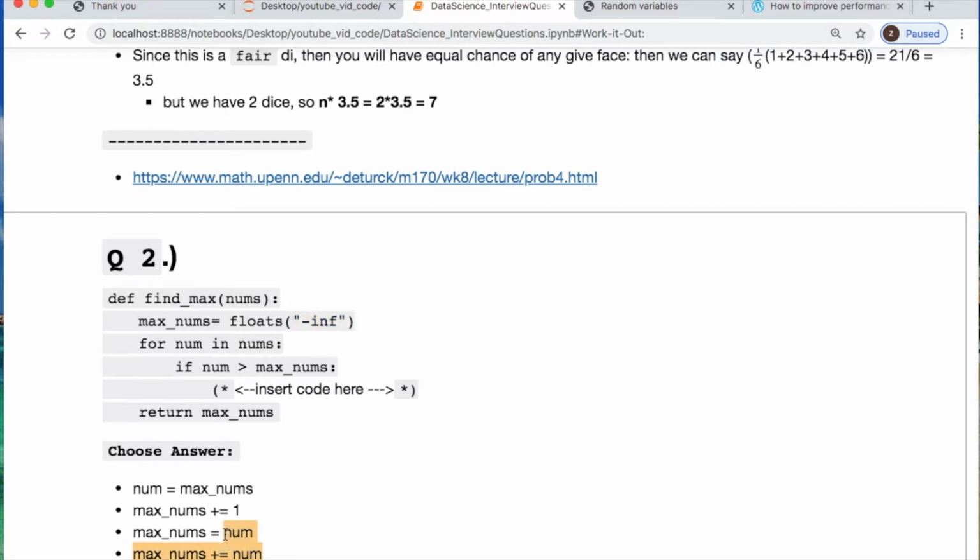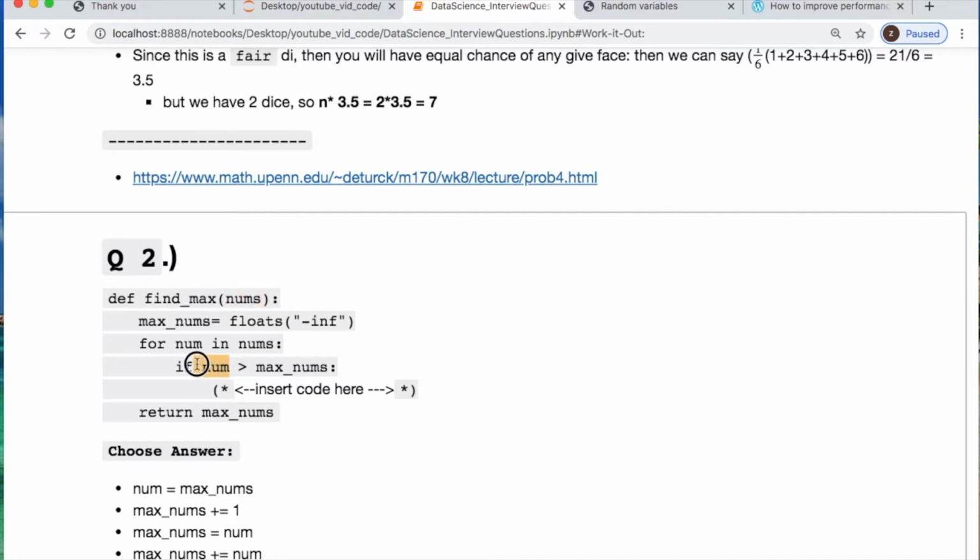So now you have to look at these two. Am I using a plus incrementer, or am I just using an equal to? Well, let's find out. I'm iterating through whatever my numbers are and saying my number has to be bigger than whatever I'm looking at, and therefore I'm iterating through the numbers list that I'm providing.